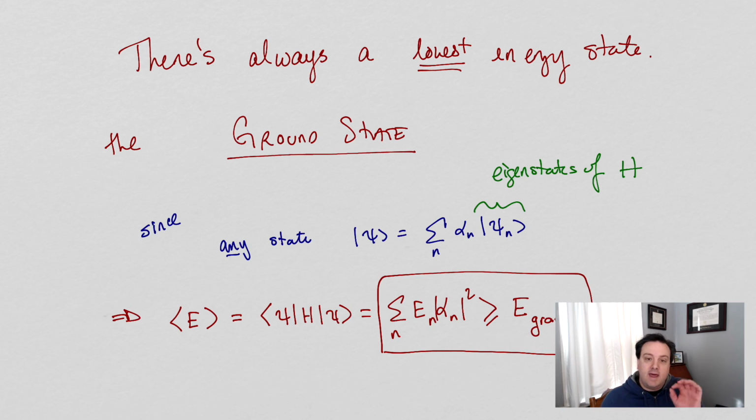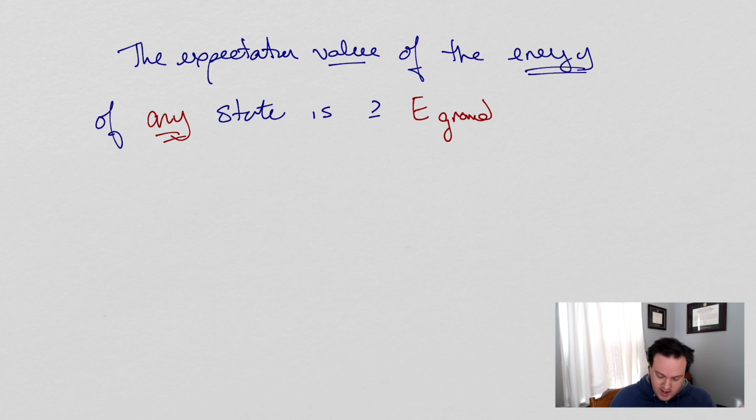Okay? And that's the concept that we need in order to do this first approximation method. We have to know that the expectation value of the energy of any state is bigger than or equal to the energy of the ground state.